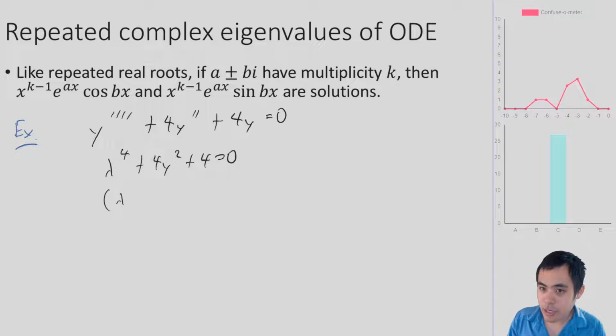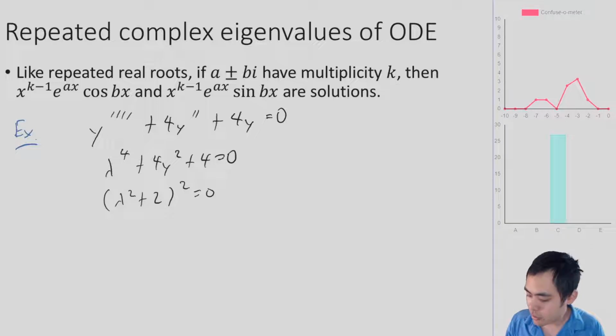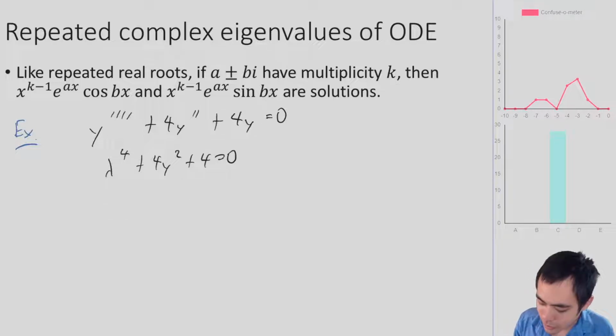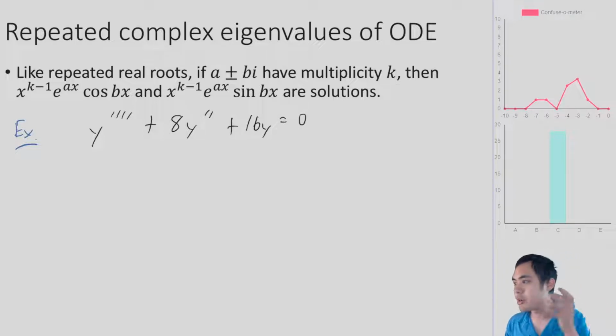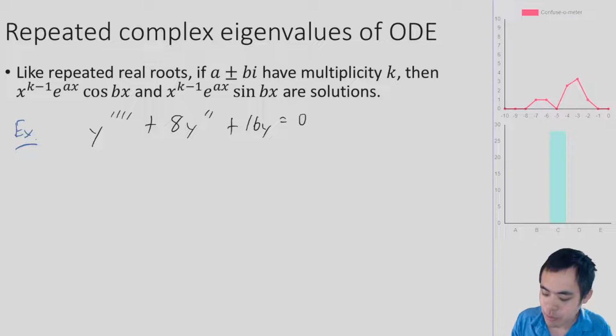Let me change this slightly. I'm going to modify this problem on the fly so I don't have to deal with too many. Let's do 8y double prime plus 16y is equal to 0. I'm just changing up the numbers to make them work out a bit more nicely.